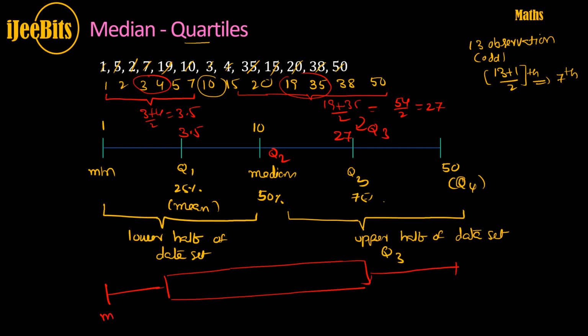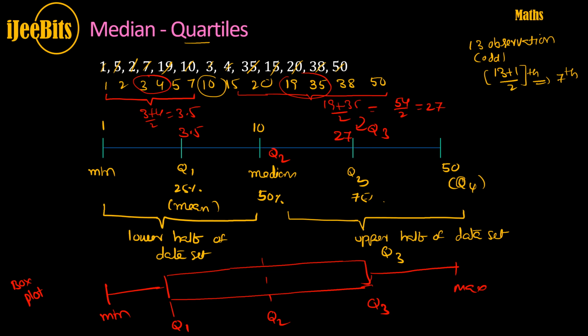So this is a min value, this is a max value, and then this portion is Q1, this is your Q2, and this is your Q3, right? We can call this a box plot, which we use in median calculations, right? So there is a reason for doing that.